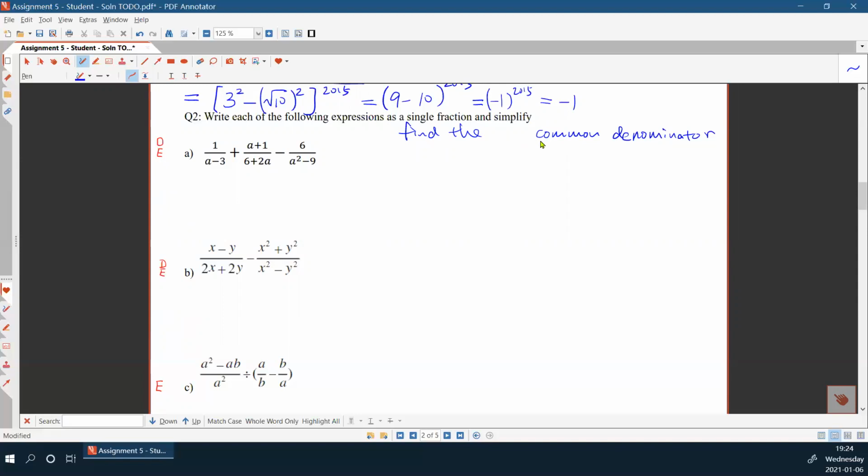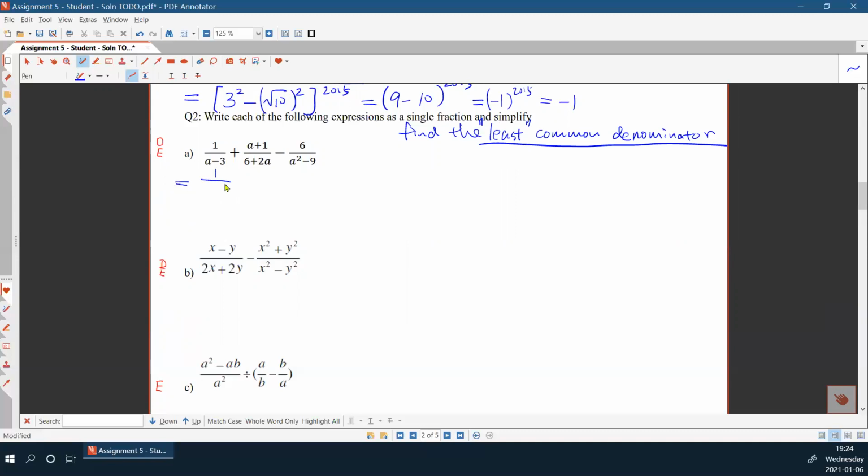Of course, there are infinite number of common denominators. So the simplest way to do this is to find the least common denominator. This is very important. Okay, the least common denominator. So let's see the first one.